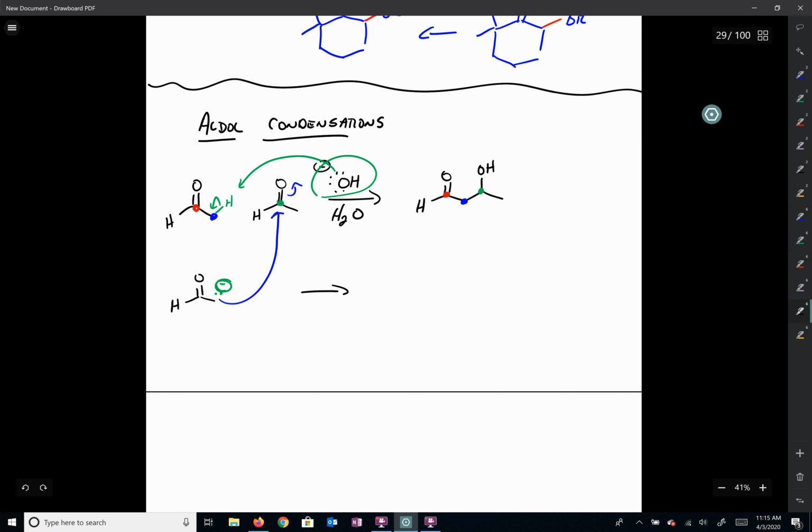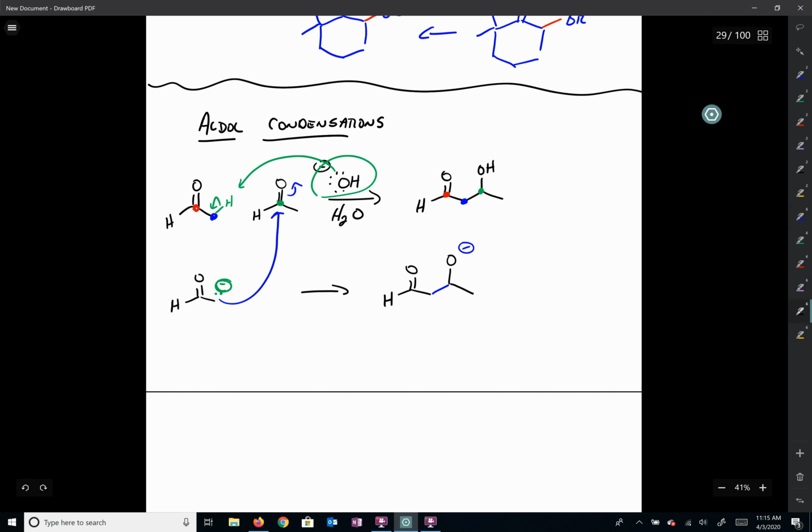Maybe not expect to see this happen, but it will happen. A carbonyl attack by a good nucleophile. That's not that unexpected. Right, so we got this, this, this, this here.